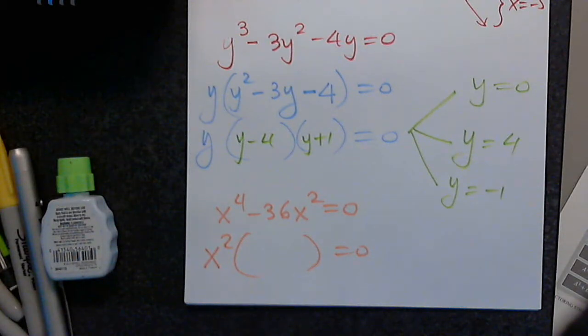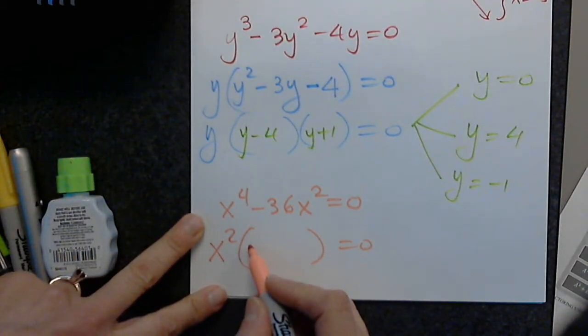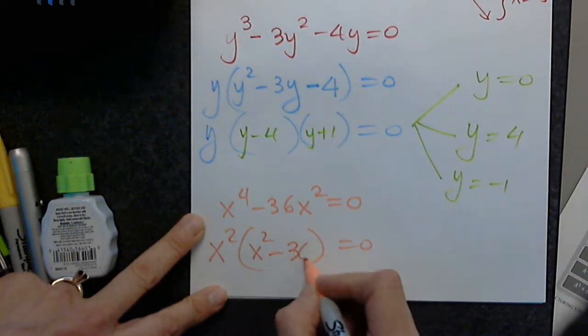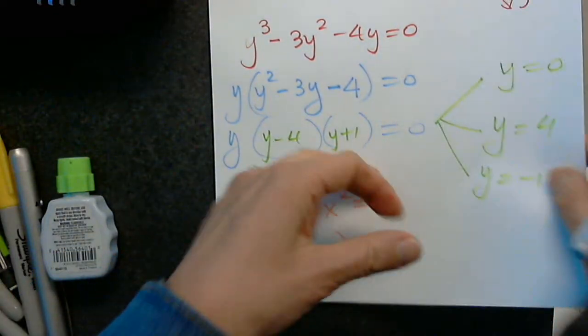So there is a common factor of x squared, and what do we have in parentheses? X squared minus 36. Very good, which I know how to factor. So let's factor it.